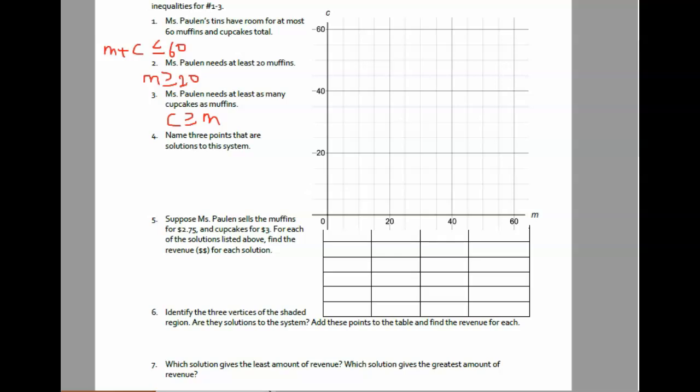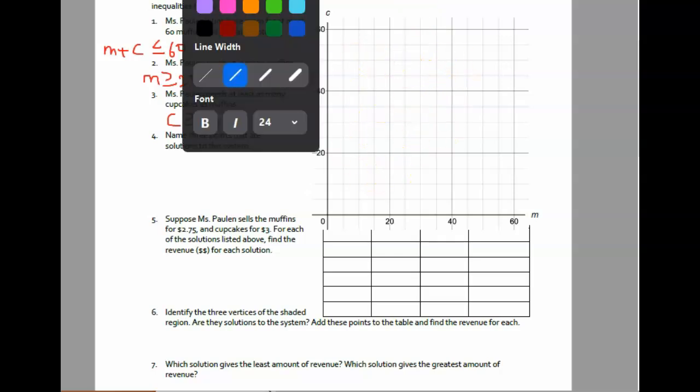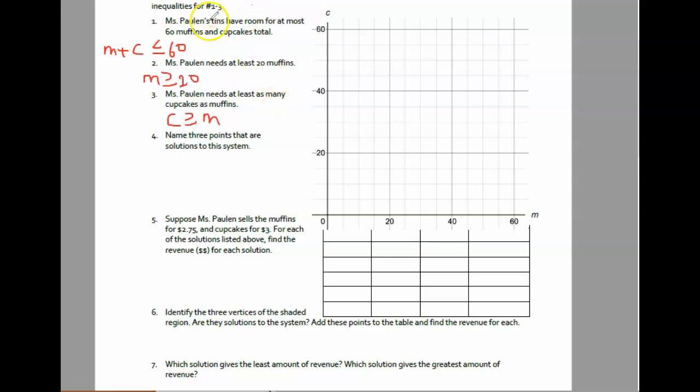So we did that. Now we're going to graph this on the right side. Bear with me since my straight line skill is not that good. It looks like M is kind of like X, C is kind of like Y, so I need to let C equal something to graph it.